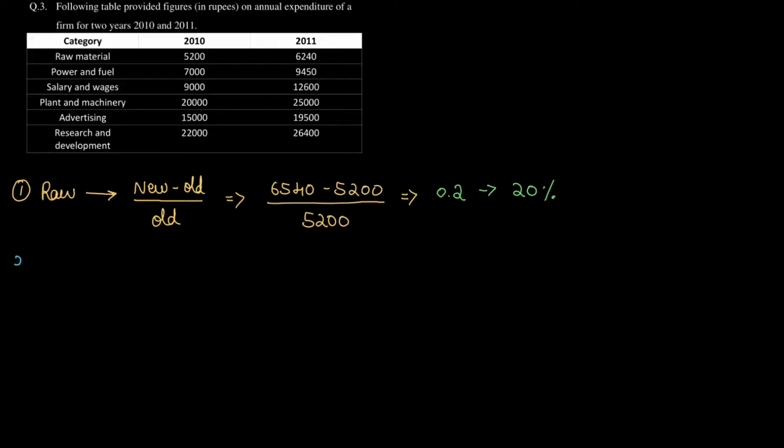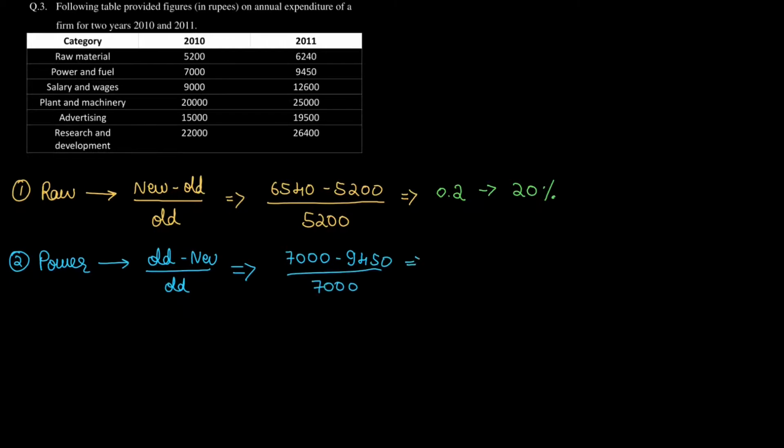We'll consider the second one as power and fuel. Now I will take the second formula, because we should know what we are using: old minus new divided by old, that is, old minus new by old. Its value is 0.35 and the percentage will be 35, but it is negative.